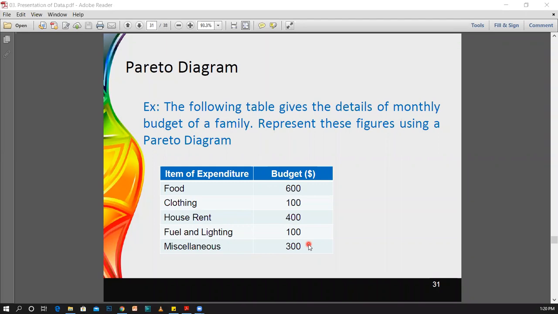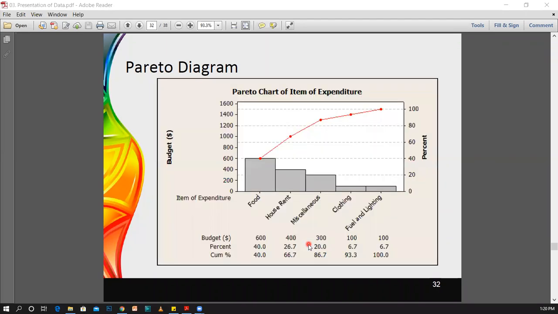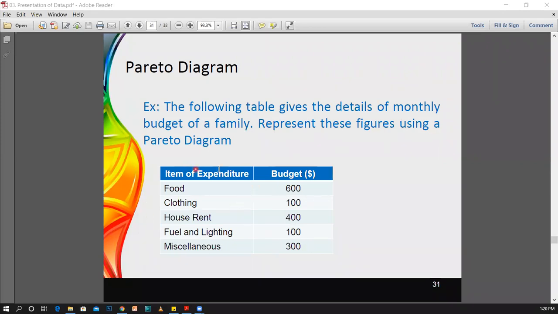If you are asked to construct the Pareto diagram, first you can rearrange these items or categories in descending order. Then what will come first? The highest comes first. Food comes first and it has the value of $600.